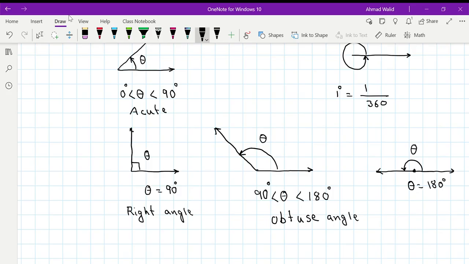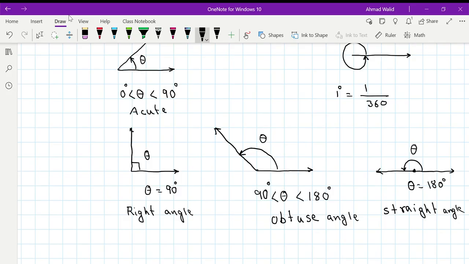We call this angle a straight angle. These four types that you see here are the angles classified by their measure.